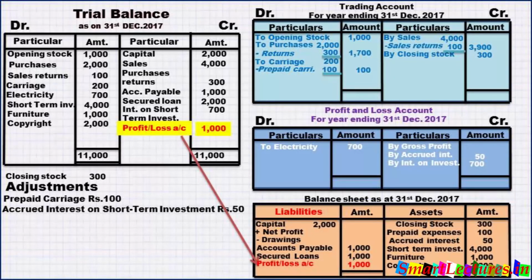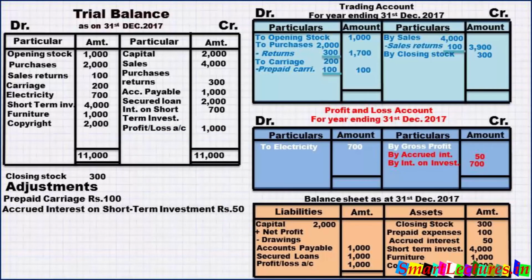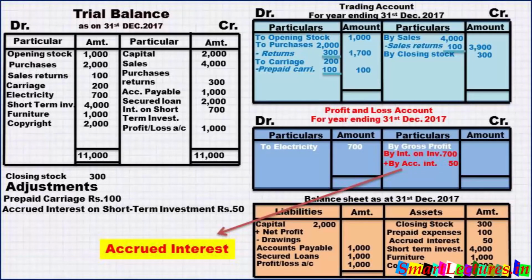So in the profit and loss account, there are two items on the credit side: by interest 700 and by interest 50, that is accrued. So the presentation will be by interest on short term investment 700 in the inner column plus accrued interest 50 in the inner column, and in the outer column it will be 750.